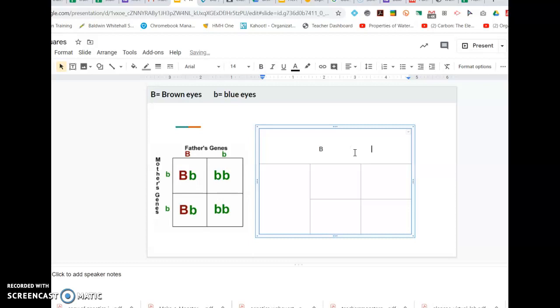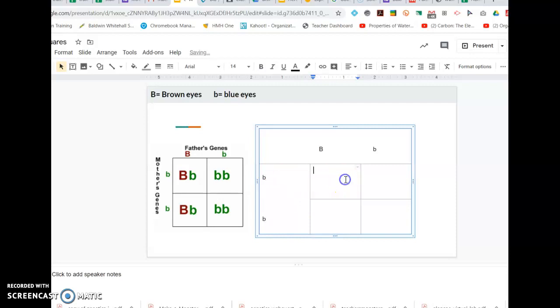So if I were to make this Punnett square, if I say the father is heterozygous, I want to use lowercase b here and then capital B here. Capital B comes first, so it's big B, little b. And then over here, the mother's genes, she has blue eyes, she's lowercase b and lowercase b. It auto-corrected me.